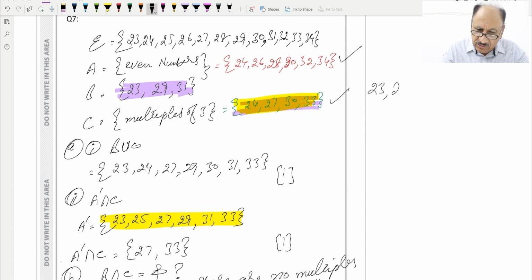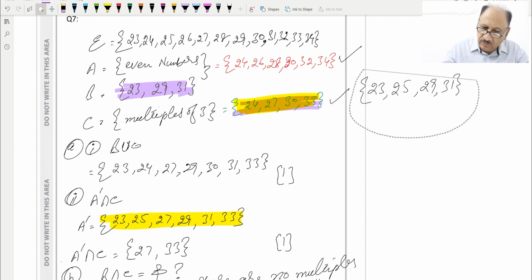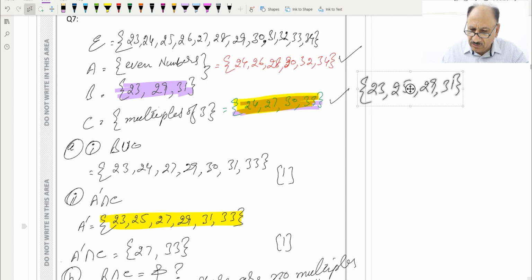And what else is not there? 25 is not there, and 29 and 31 is not there. So we can write 29 and 31, and this will be the set which we can give as our answer.